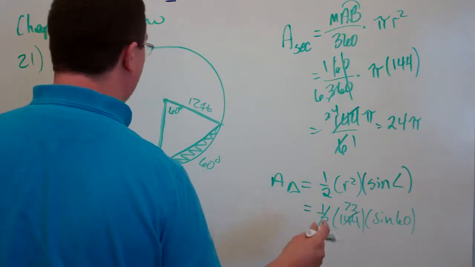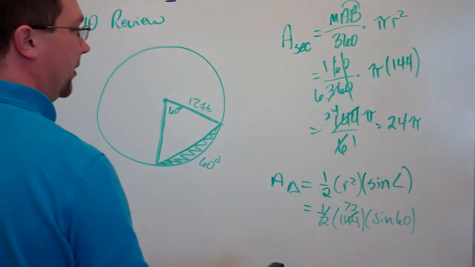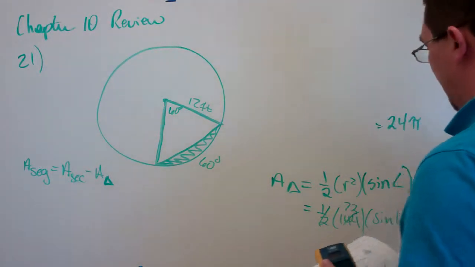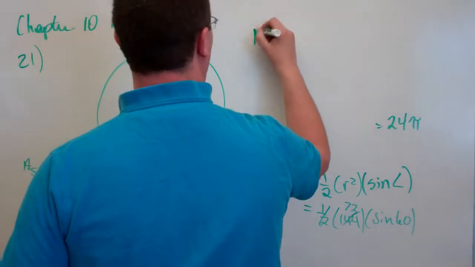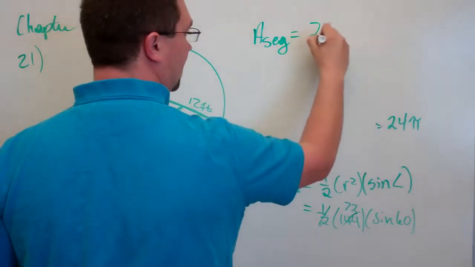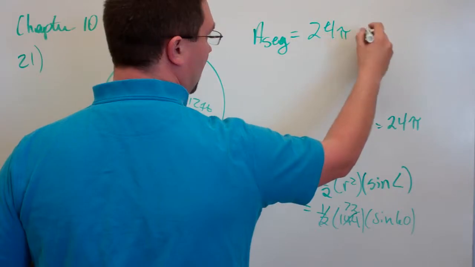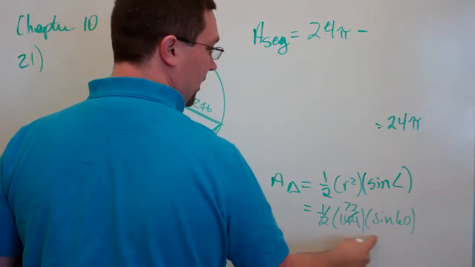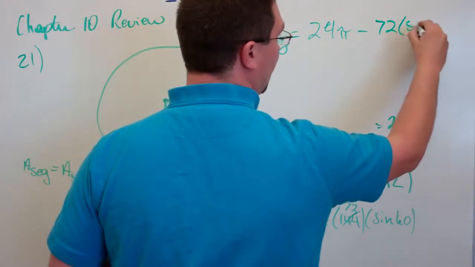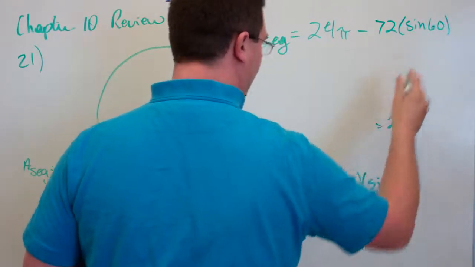Alright, I'm going to have to erase some stuff here to write. I'm going to leave the answer so I know what it is. So now, to find the area of the segment, we're going to take the area of the sector and subtract from that the area of the triangle, which is 72 times the sine of 60.